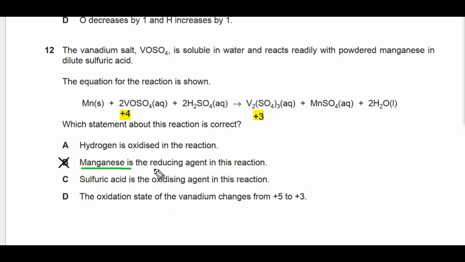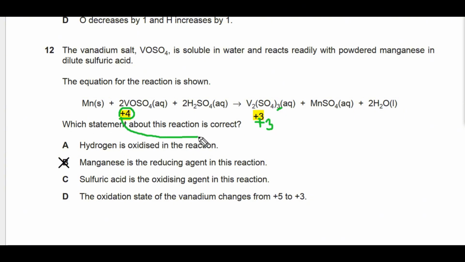Manganese is the reducing agent in this reaction. You know, a reducing agent means the substance which reduces another substance but itself oxidizes. So here in the vanadium salt, the vanadium oxidation number is plus 4. Here this 3 is for vanadium, so this is plus 3.